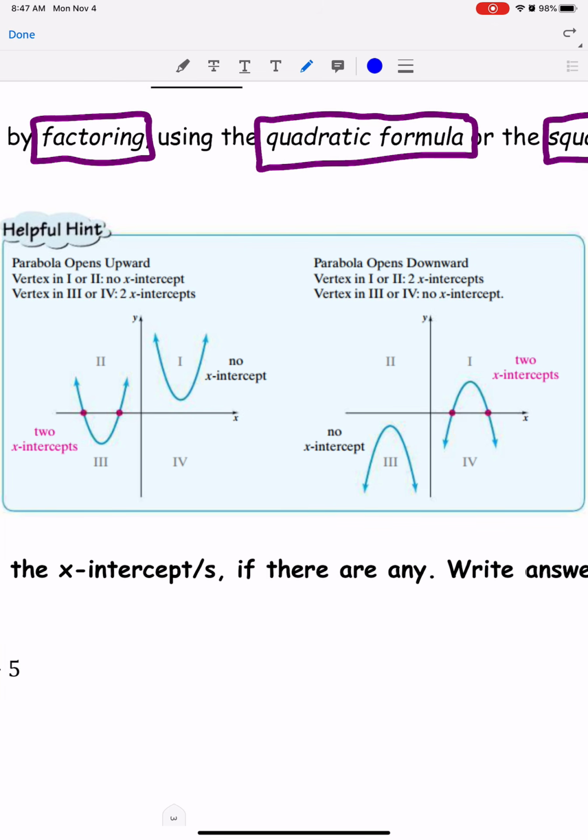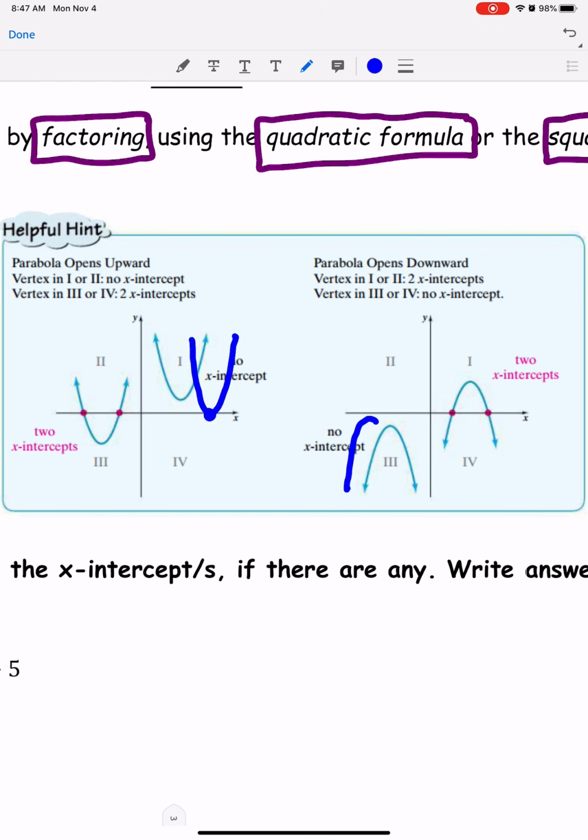Now, same thing happens when it goes upside down. If you have a max and it's below the x-axis, it never crosses. If you have a max and it goes above, then yes, it crosses at two different points. More times than not, we'll get two x-intercepts, but there's something else that can happen where it just grazes the x-axis and then goes back.